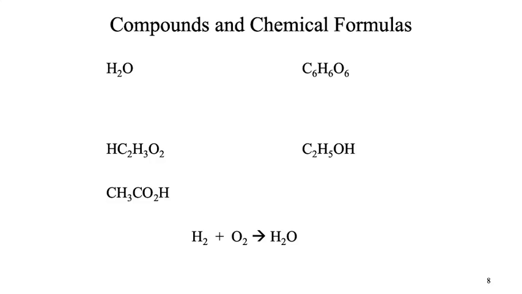I show a plus sign in between. A plus sign could be useful, but that could just mean I have both of these things, right? A plus could be an "and." How do I know I'm actually doing a reaction? I have a reaction arrow to signify that new thing is happening.